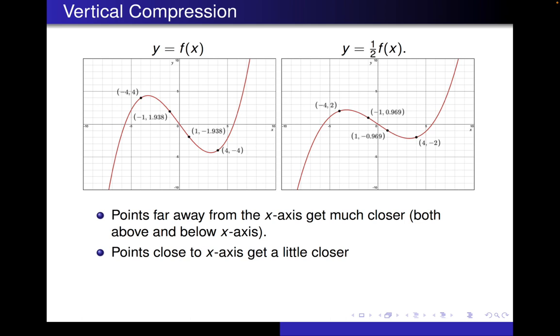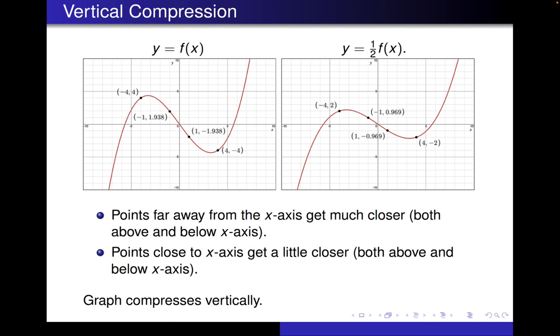So again, they got closer, but not nearly as much closer as the ones that were farther away from the x-axis. And again, that happened both for points above and points below the x-axis. And so what we're seeing here is that both graphs are similar, except the second one takes the original graph and vertically compresses it.